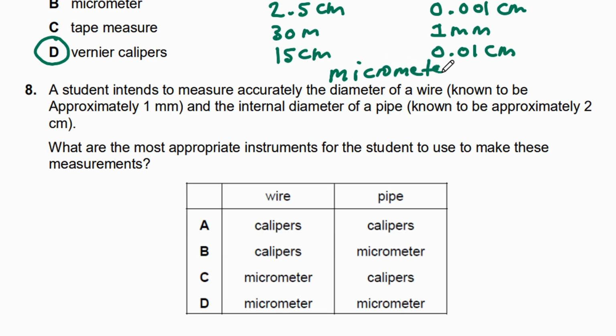A micrometer is more accurate than a calipers. And then for the diameter of the pipe, which is 2 centimeters, we can use a calipers. So a calipers would be more suitable to measure a few centimeters with if we are not taking into account the accuracy. So the diameter of the wire will be a micrometer, and the pipe will be a calipers. So the answer here would be C.